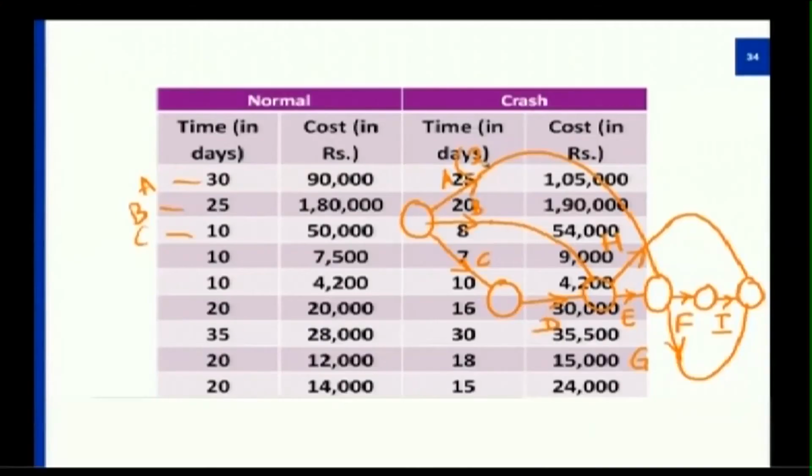A takes 30 weeks, B takes 25 weeks and C is 10 weeks, D is 10 weeks, E is another 10 weeks, H is 20 weeks, G is 35 weeks, F is 20 weeks and I is 20 weeks.